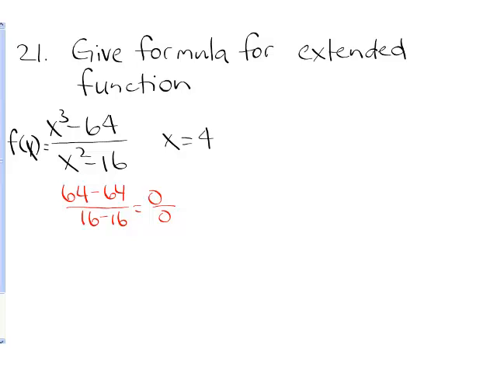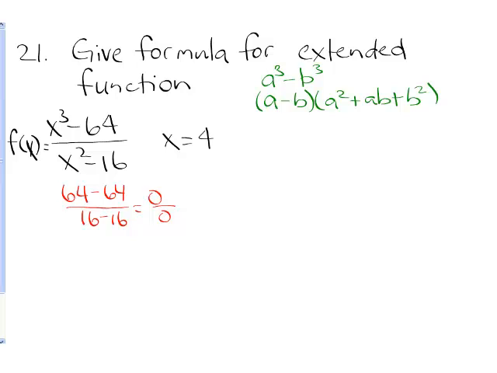So they ask us to give the formula for an extended function. So what we're going to do is take the top and reduce it. If you have a numerator that looks like this, which is a cube minus a cube, it factors to that guy right there every time. So in this case, my x cubed is just x.